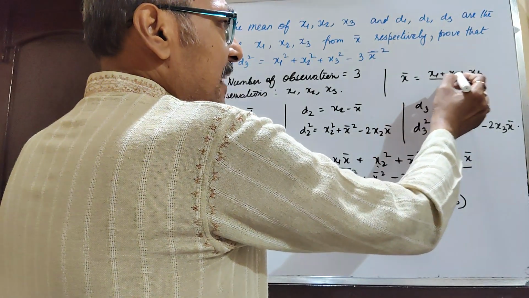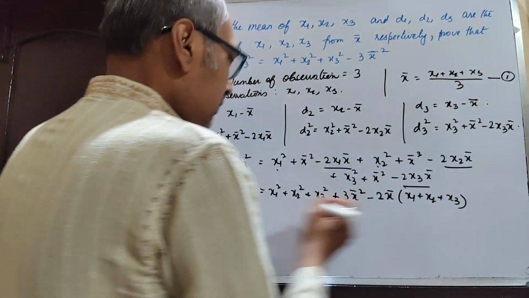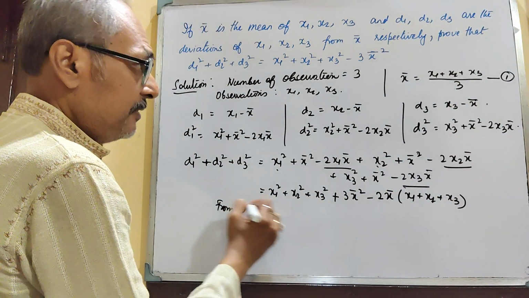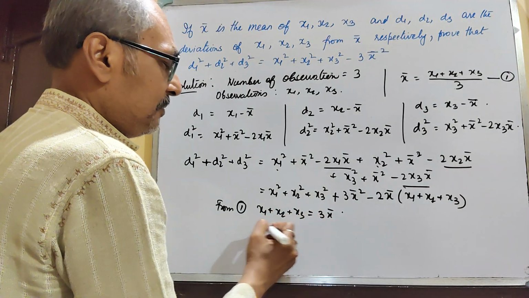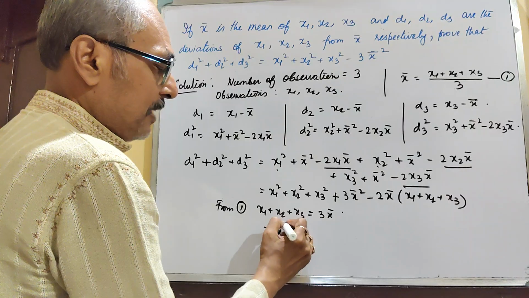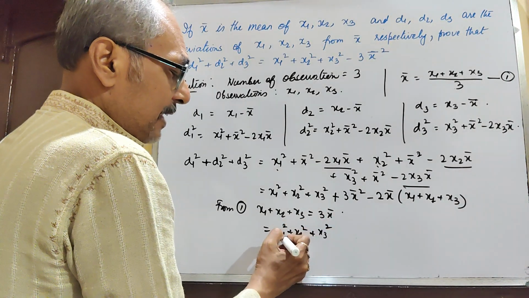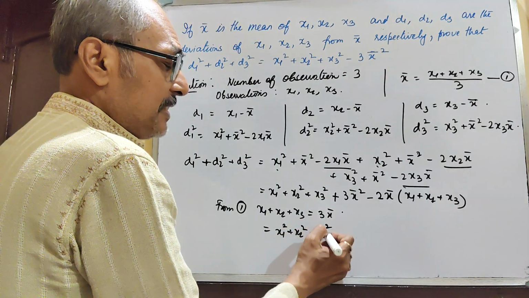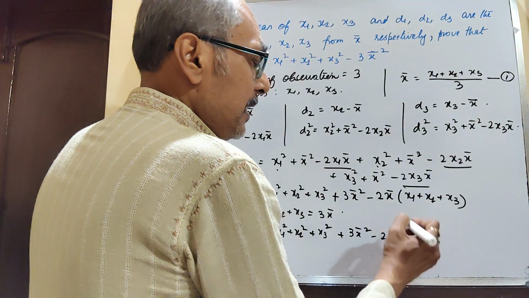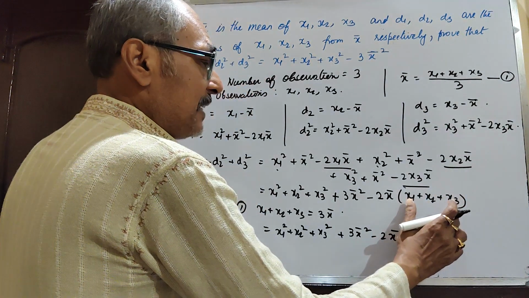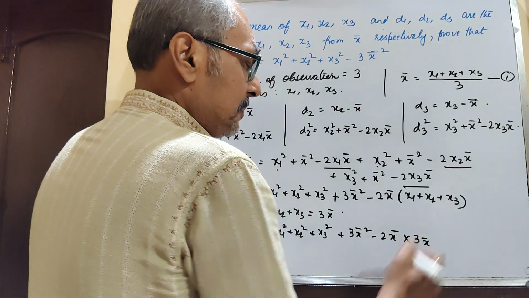Now x1 plus x2 plus x3 is what? It is 3 into x bar. So this equals x1 squared plus x2 squared plus x3 squared plus 3x bar squared minus 2x bar, and in place of x1 plus x2 plus x3 I am writing 3x bar.